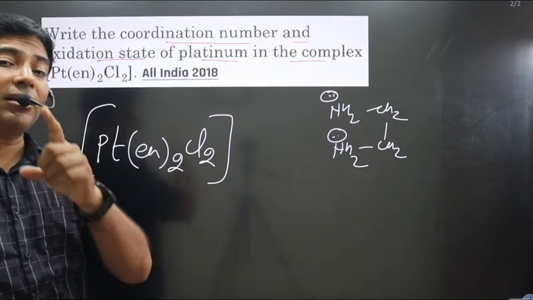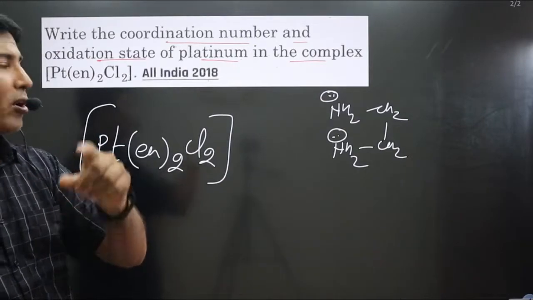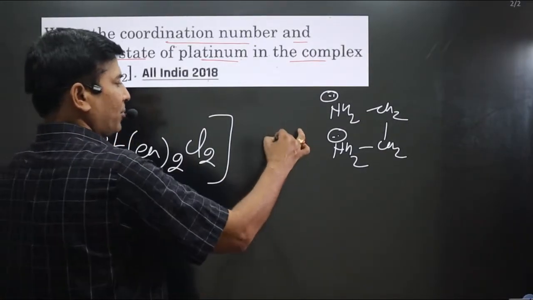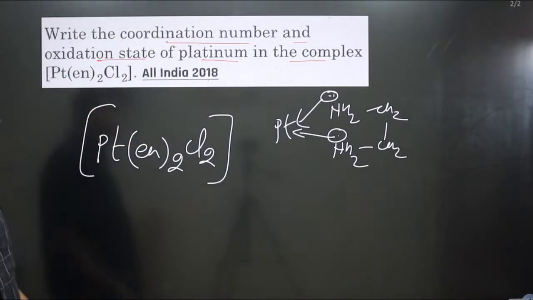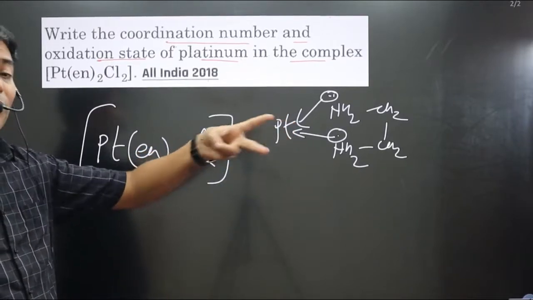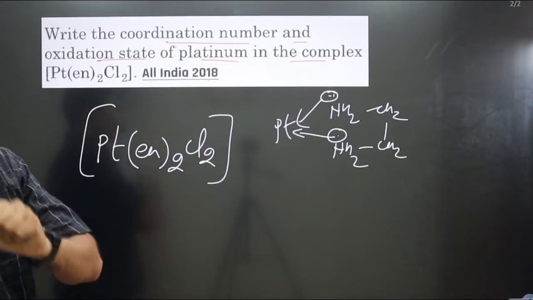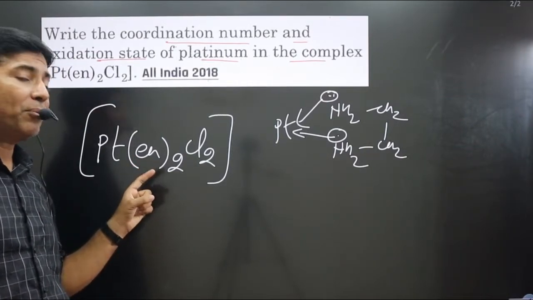So it can form 2 bonds. One ethylene diamine can form 2 coordinate bonds with the central metal atom. Let's say platinum is here, it can donate electron density, and it can also donate electron density. So one ethylene diamine is a didentate neutral ligand, because it is forming 2 coordinate bonds.